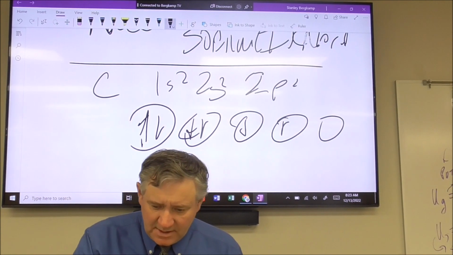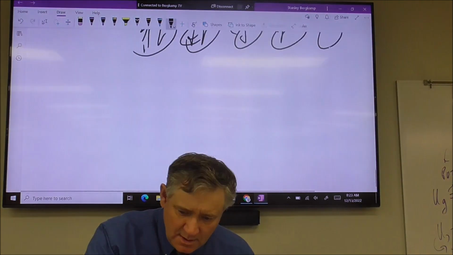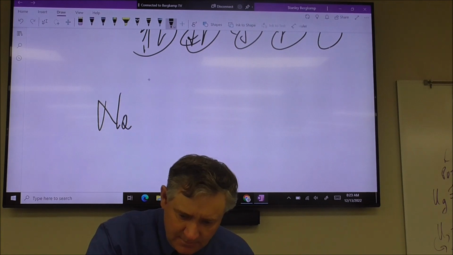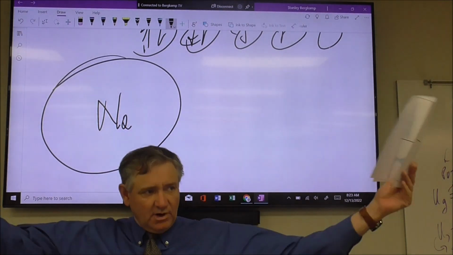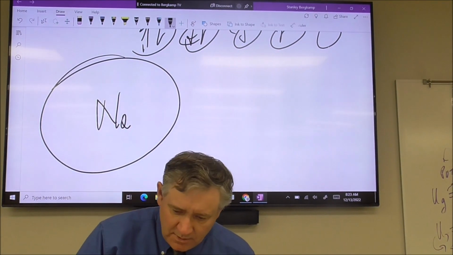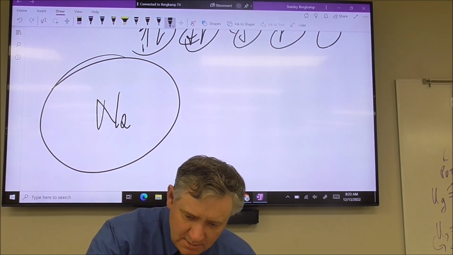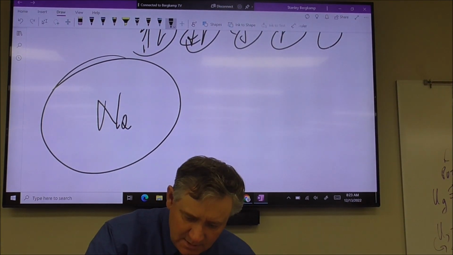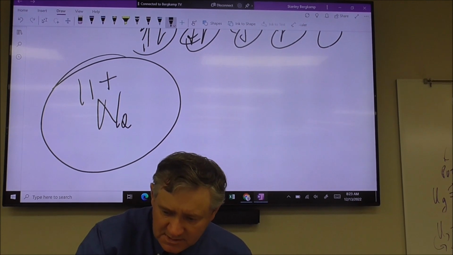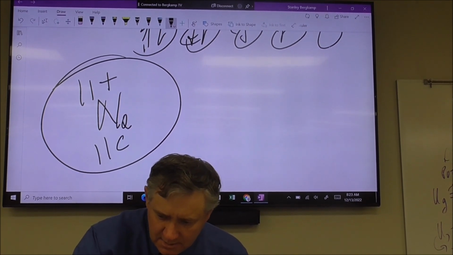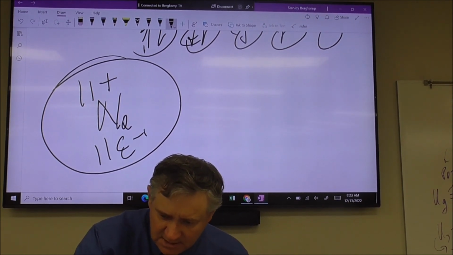So remember, let's say for example, here is the sodium atom, relative size. You have 11 protons and you have 11 electrons. The sodium ion is much smaller because it has 11 protons and only 10 electrons.